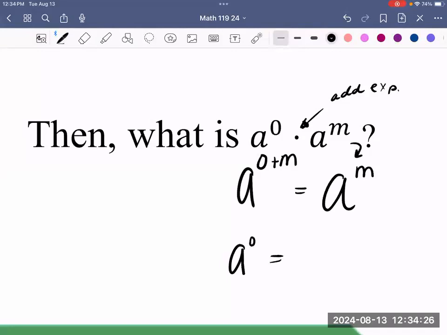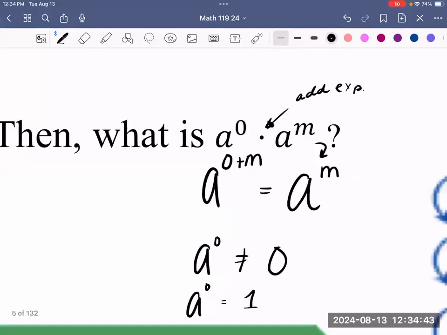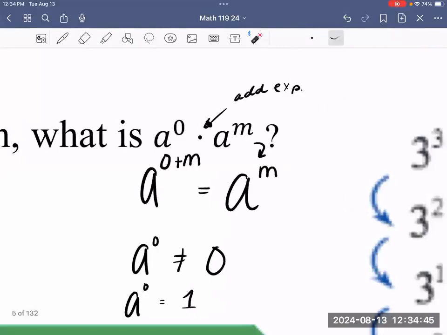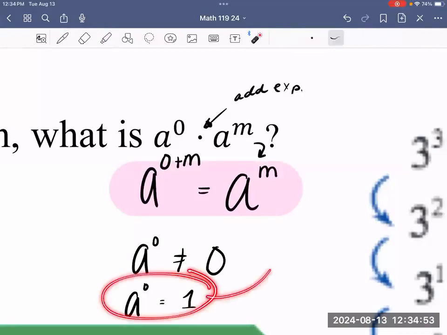If it didn't come out as 0, what did it come out to be? Sorry, I meant to put 0. It's really a placeholder value. In order for this portion to be true, a to the 0 must be equal to 1.